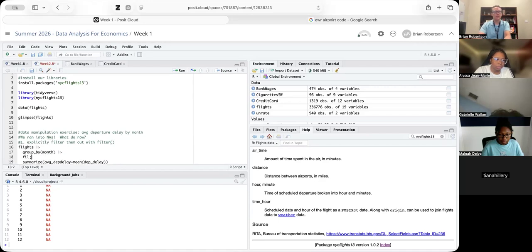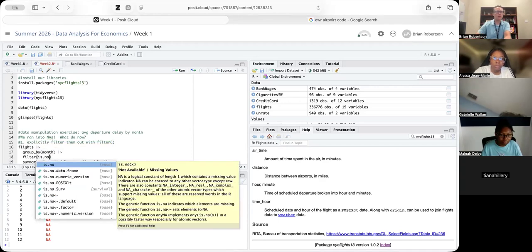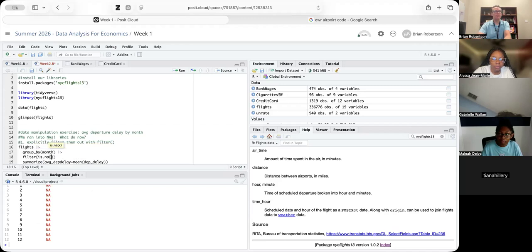So I can do a filter. And there's a function in R called is.na. What is.na does is it passes a true or false. If it's NA, it's true. If it's not NA, it's false. So I can put in departure delay.